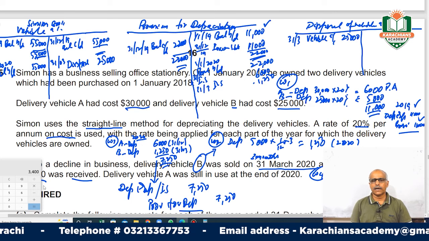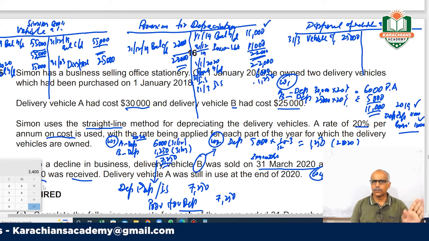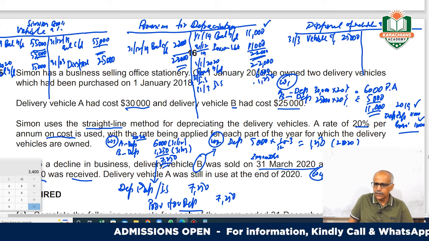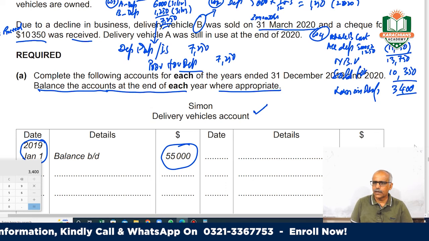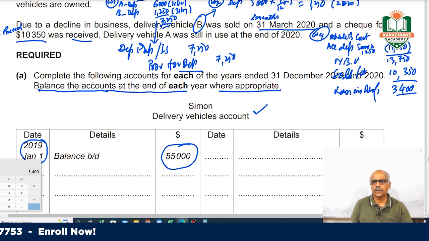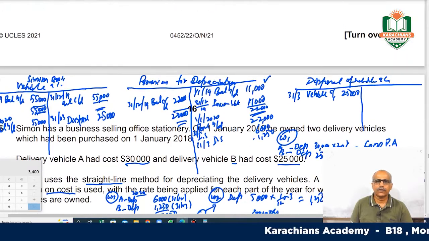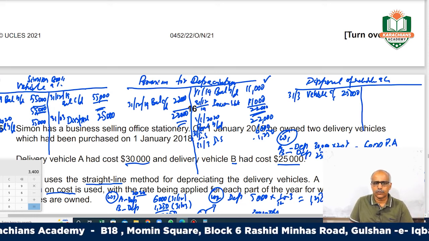And once you have transferred the asset, then its accumulated depreciation you also transfer to the disposal account, right? So how much is the accumulated depreciation of vehicle B? 11,250 is the depreciation accumulated, which you have in the provision account for vehicle B, right? So when we are disposing it off, there is no need to keep the accumulated depreciation, so debit the accumulated depreciation and credit the disposal account.